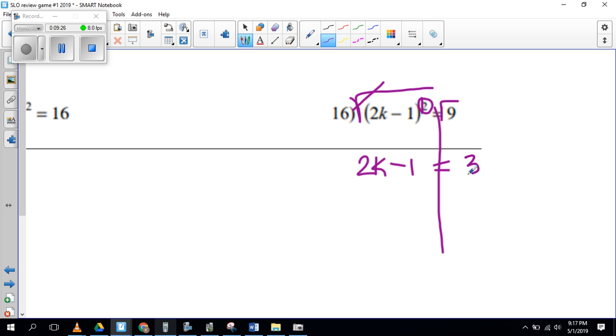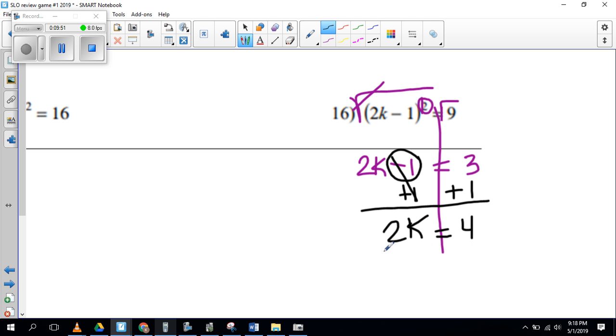Okay? Now this becomes a regular problem. All we're doing is solving for k. And you see there's no squared at all. So we got to get rid of this negative 1. So we add 1. It cancels out here. And we got to do it to the other side. We did get 2k equals 4.